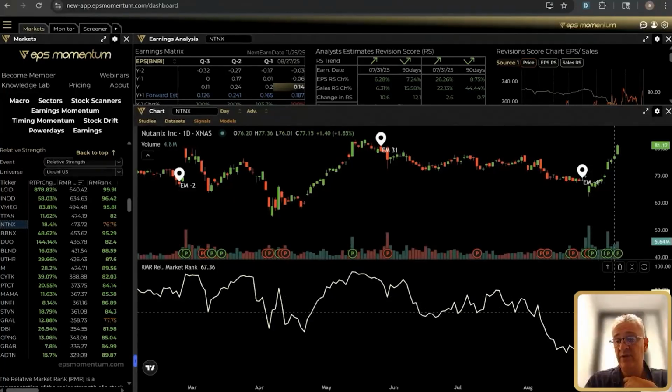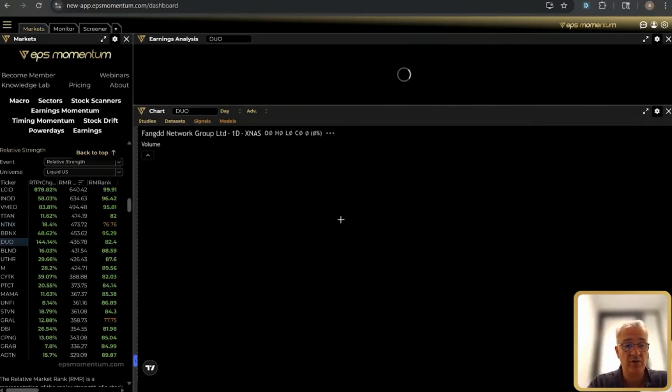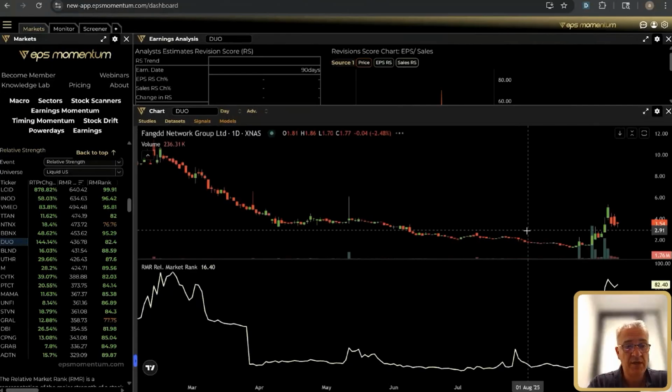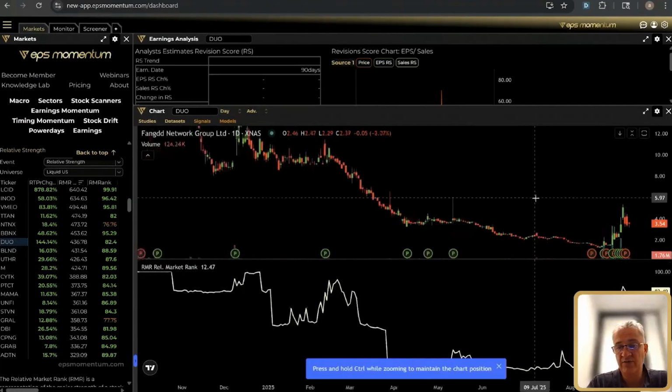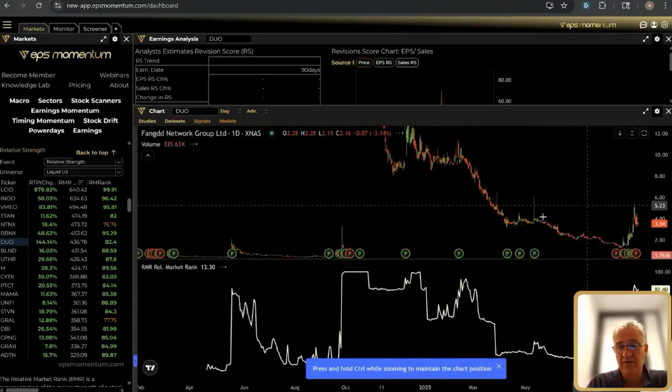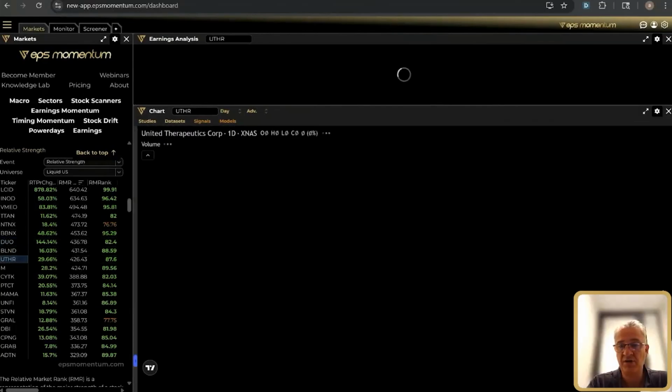It's definitely been better lately, but still not the perfect picture compared to guys that have been going up and up and up on a regular basis. So we have the RMR rank here, 95, 88. We can see here an 82. But again, there are some stocks that are higher up there and have better chart configuration than this UTHR.